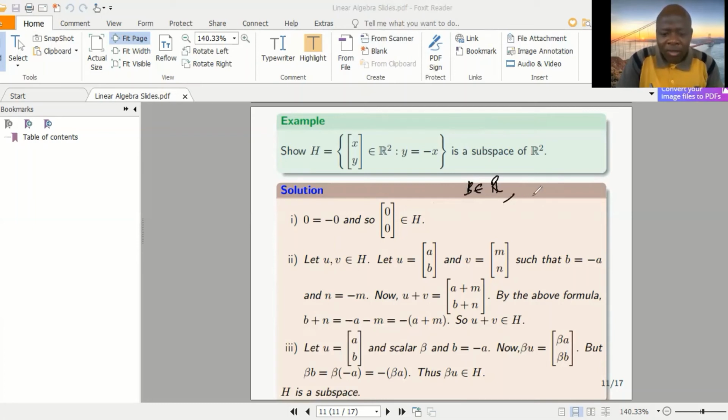And I want to use my vector u. Actually, this is supposed to be beta u. So my u, I had chosen u to be (a, b).